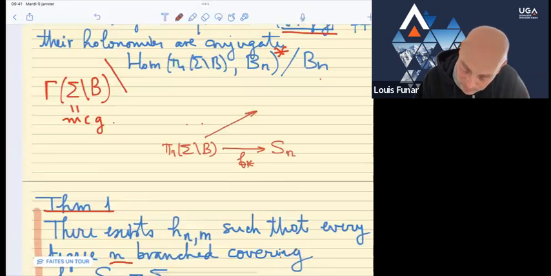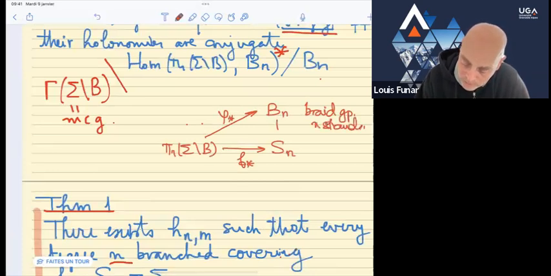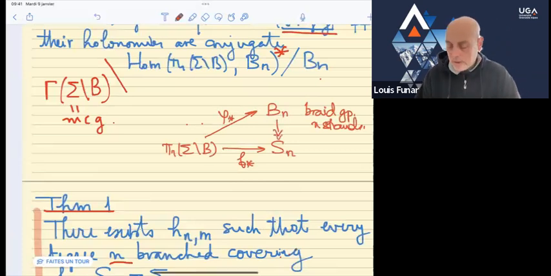And what I defined above, the phi star, is actually going into the braid group on n strands, which is well known to project onto the symmetric group on n elements.